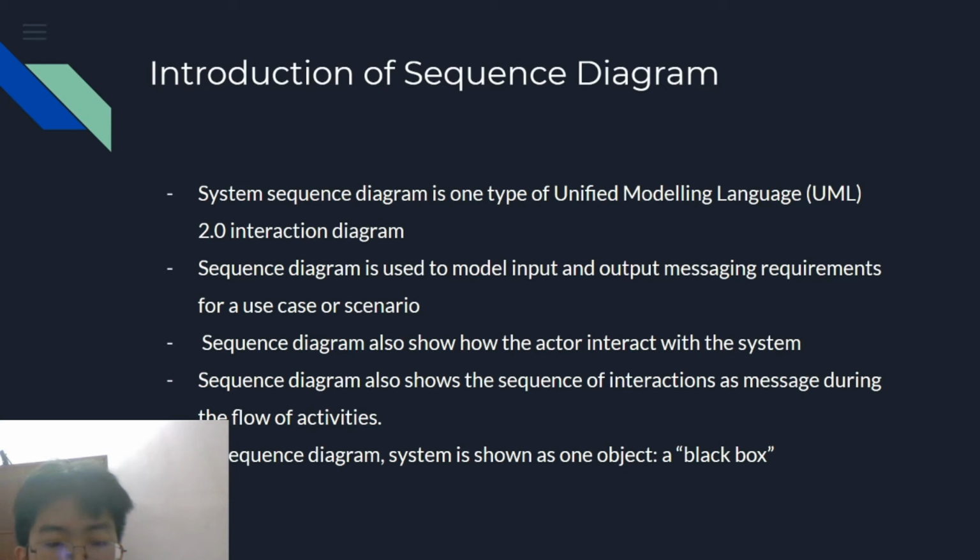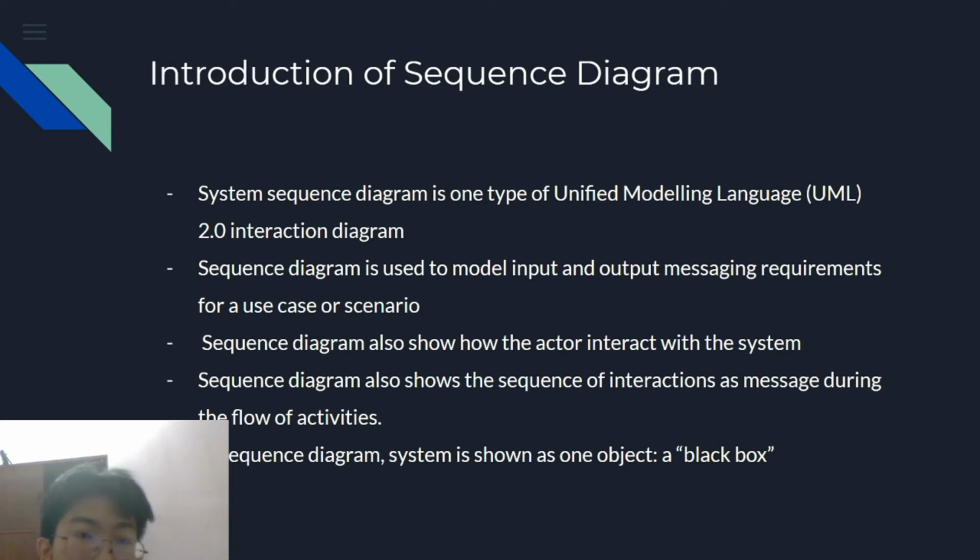Sequence diagrams are time focused, and they show the order of interaction visually by using the vertical axis of the diagram to represent time: what messages are sent and when the messages are sent. As you can see, a sequence diagram is used to model input and output messaging requirements for a use case or scenario.